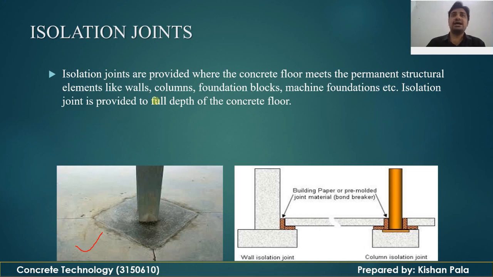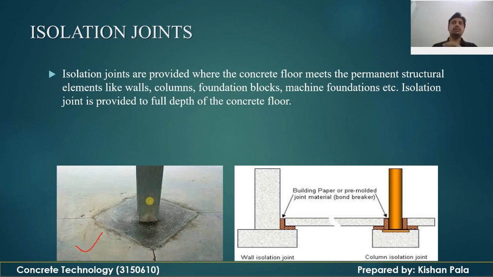Isolation joints are provided when the concrete floor meets a permanent structure like walls, columns, foundation blocks, or any other. You can also take machine foundations, and isolation is provided to the full depth of the concrete floor. So this is the isolation joint you can see in the photo. The main reason is to prevent cracking due to the different types of moments or other stresses developing in different elements, like the column and the floor.